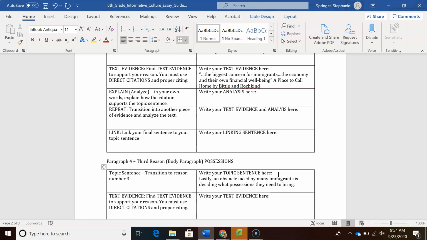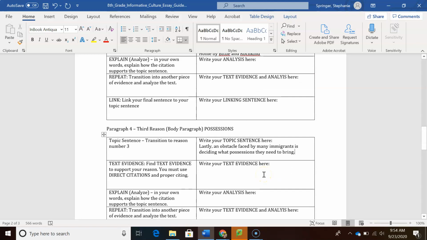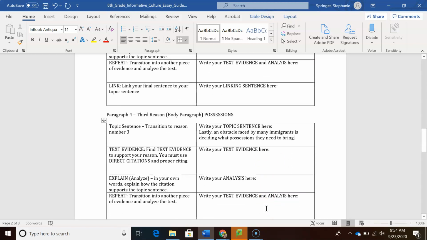When we read through What to Bring in the close reader, we see that some things are very sentimental, some things are used for legality. So again, what things do they bring? Bring text evidence in here, analyze, and then repeat.